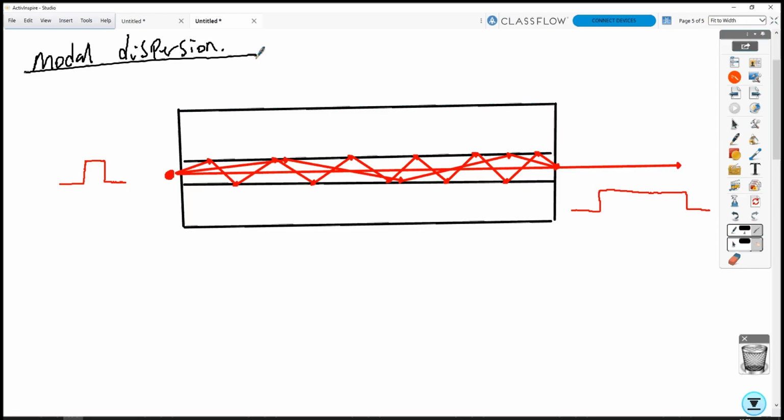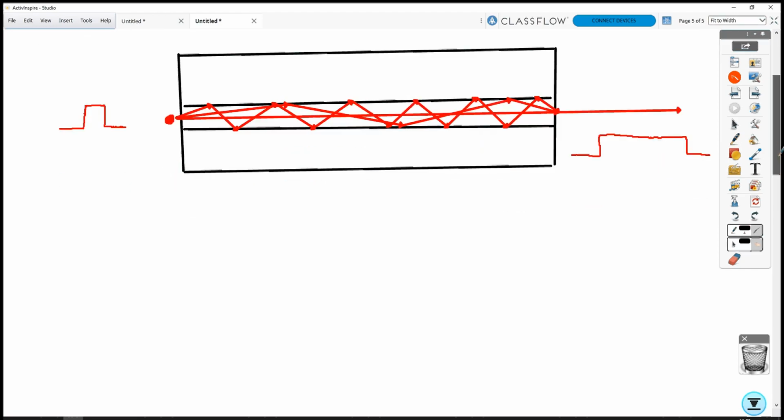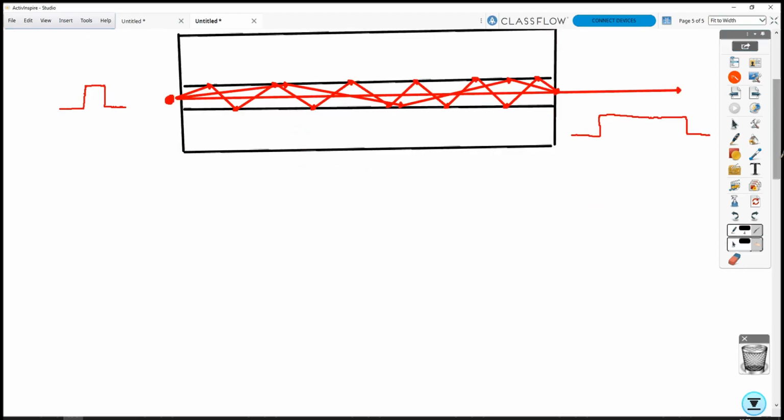Okay, next. Notice I did this with monochromatic light. Now I'm going to do it with non-monochromatic light. So the next one is called material dispersion. To do it with non-monochromatic light though, I would have so many rays of light that it'll be too much to do.